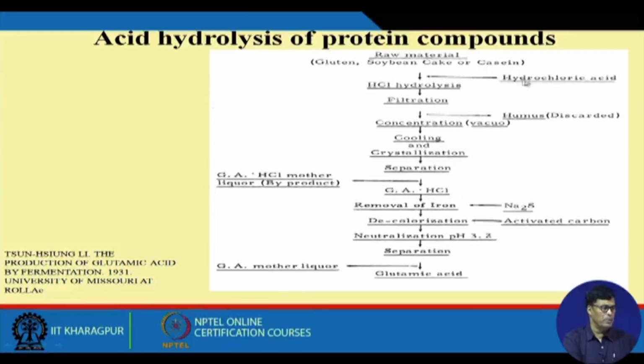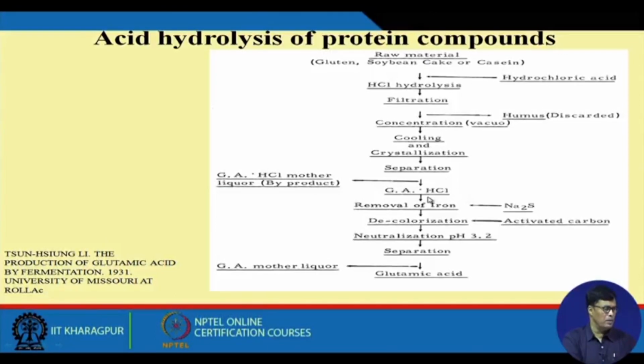First we hydrolyze by adding hydrochloric acid. The hydrolysis takes place, you do the filtration to separate the humus or organic material that we have, and then we concentrate it in vacuum, then we cool it down and crystallize, and the crystals we separate out are glutamic acid hydrochloride crystals.